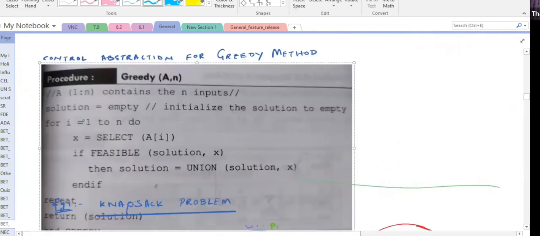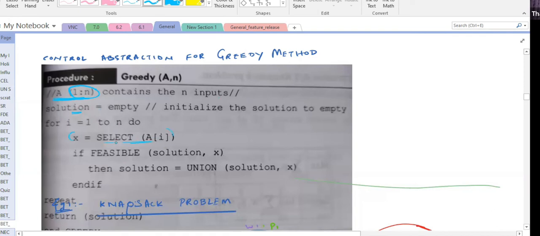So what it is doing, there is a container, some array, they take some array only, it has 1 to n elements, this is taken as the input. Finally, you have to fill your solution. Initially, you initialize the solution to empty. Now you check every item in this, that means 1 to n, you're checking every item in this, you're selecting something from this.